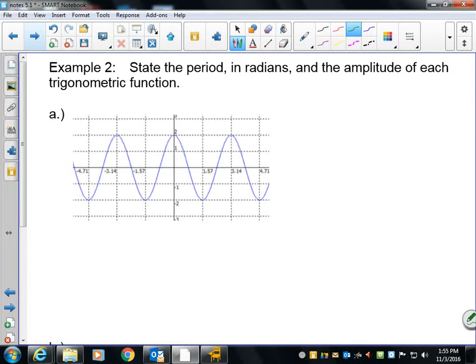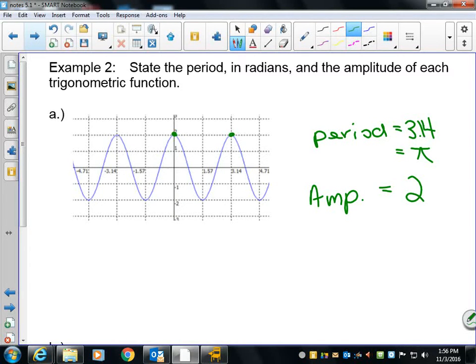So in this case, yeah, period is 3.14, which is also known as pi. I'll accept both, okay? What's the amplitude? That's all it asks. State the period.